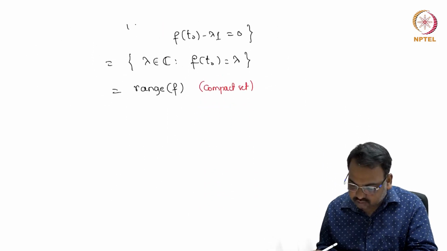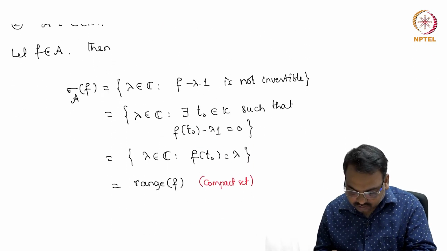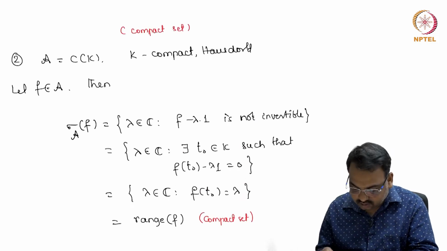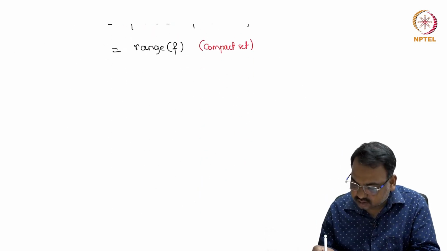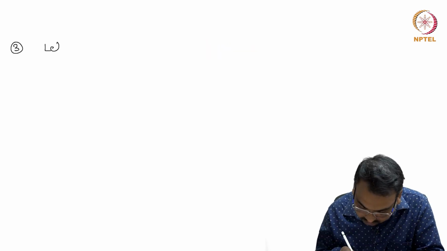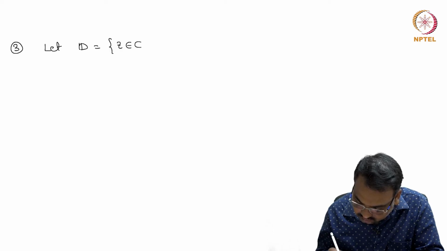Okay. Now we can also ask the question, because we are writing subscript A, this invertibility depends on the algebra. So let us look at one more example. Let us take D to be the set of all z in C with mod z less than 1.